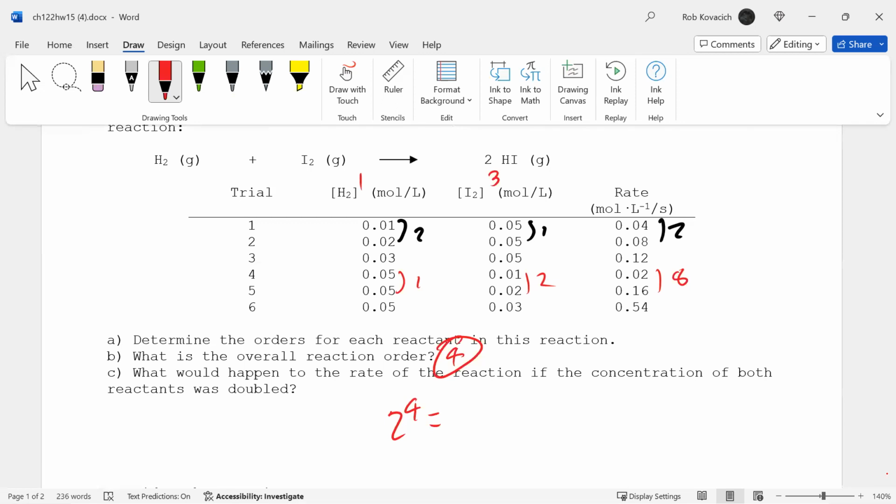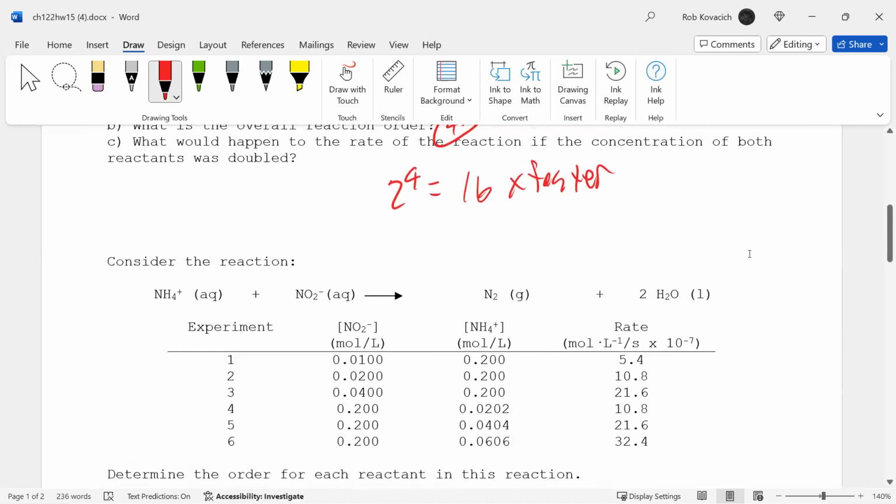So that's, what is that? 16. And that's how the overall order is helpful. You can just, well, what happens if I double everything? How much faster will it go? And just, that to whatever the overall order is for its power.